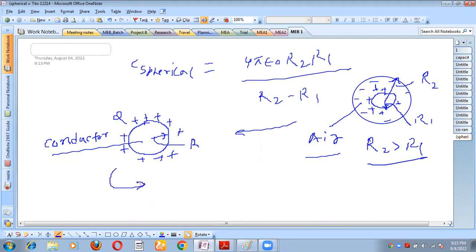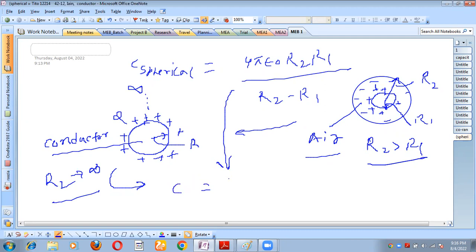You may wonder how it is a capacitor, as there are no two plates, only one spherical conductor. For such cases, we can assume that the other plate is at infinity, or you can say that R2 tends to infinity. From this expression, we can find the capacitance like this.